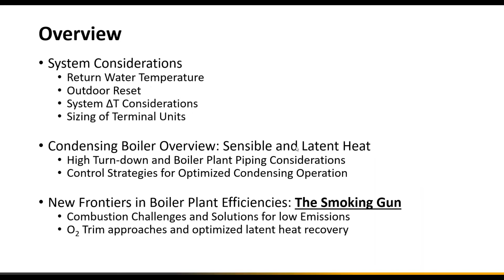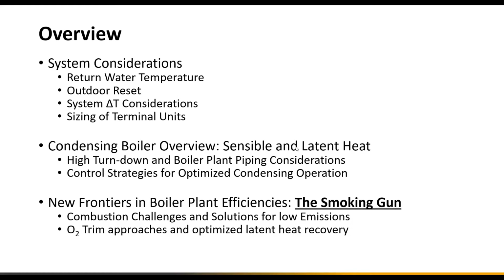So there you go. Let's go right to it. Next one. Okay, so just a quick overview. I wanted to look at three major components. The first is system considerations. For a lot of you it might be somewhat repetition, but there is some good thermal and mechanical material to be discussed under system considerations.